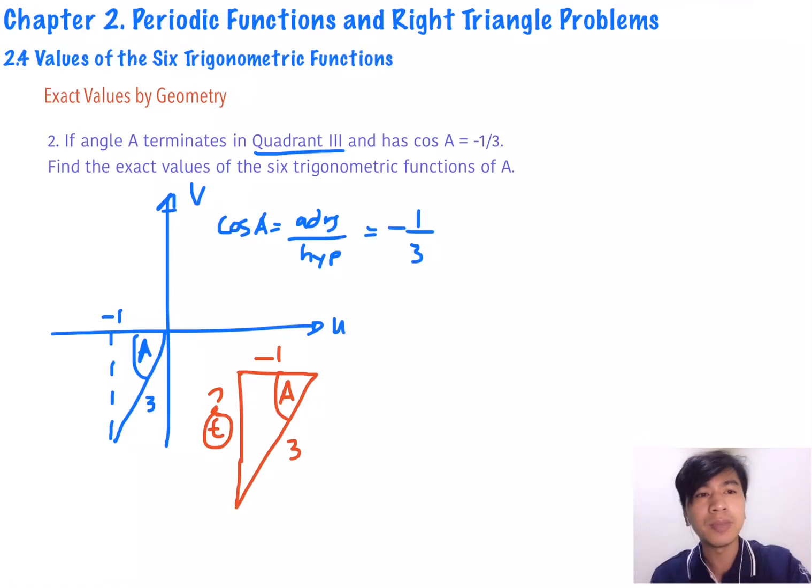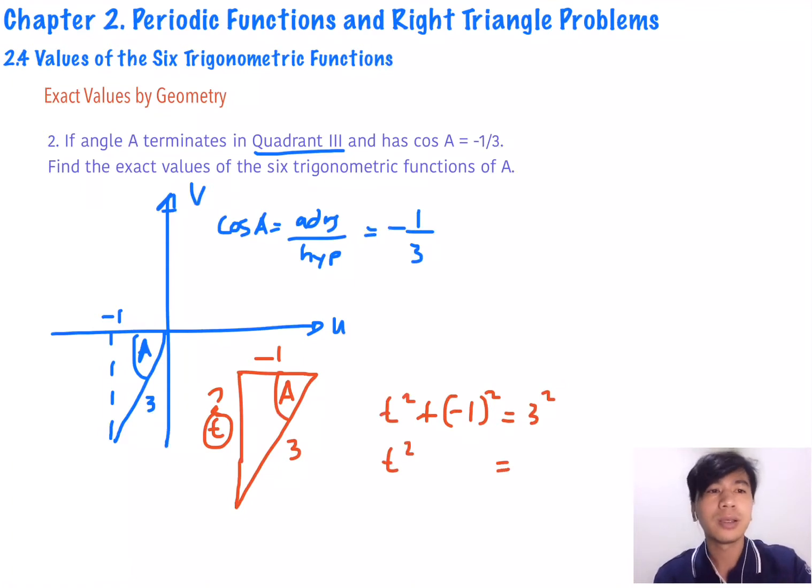How to get t? t square plus 1 square, by the Pythagorean theorem, or using -1 square, equal with 3 square. So you'll have t square equal with 9 minus 1. So t equal with square root of 8, or 2 square root of 2.